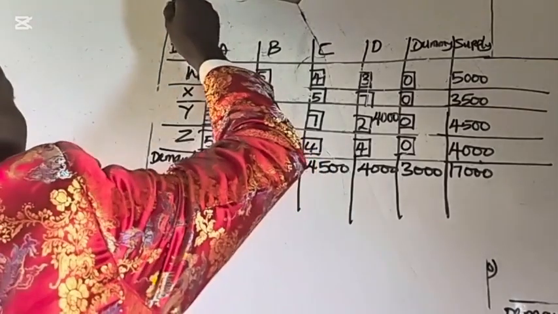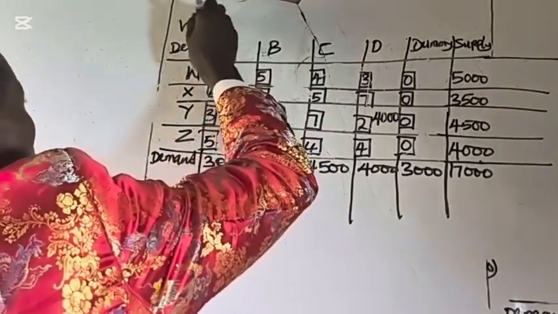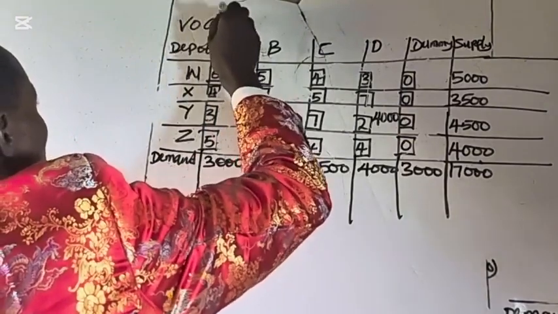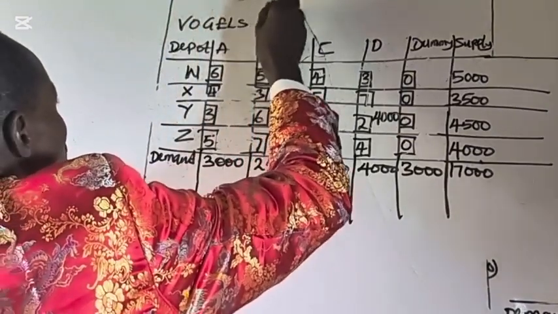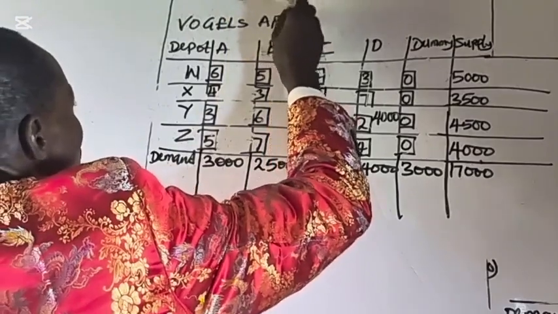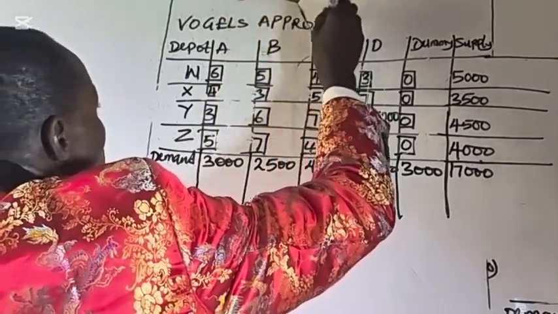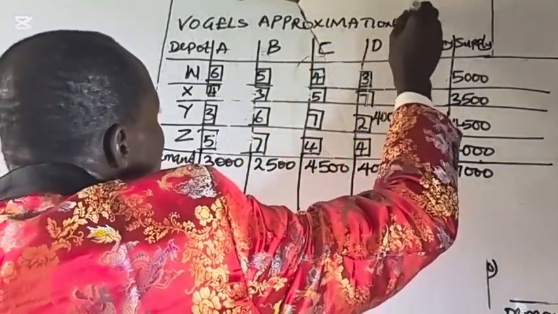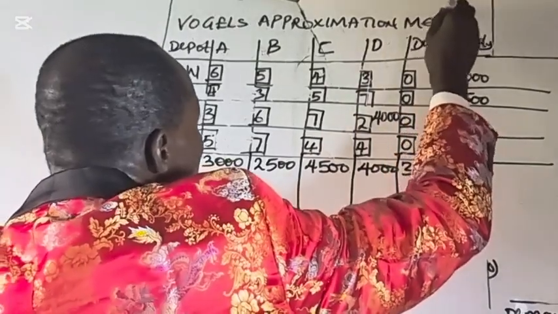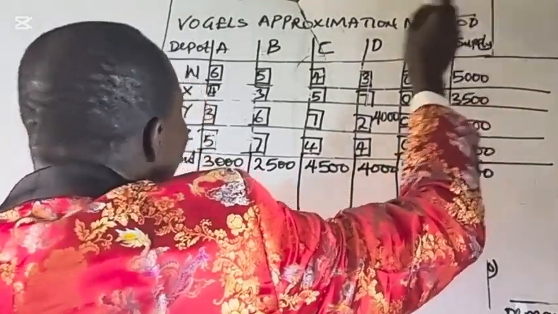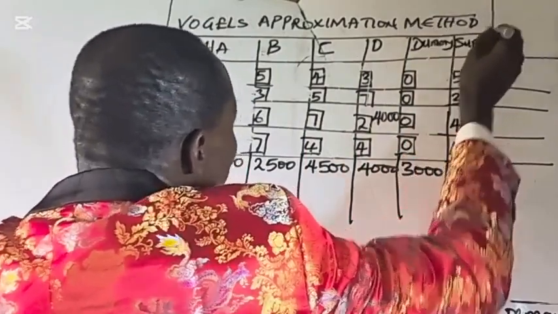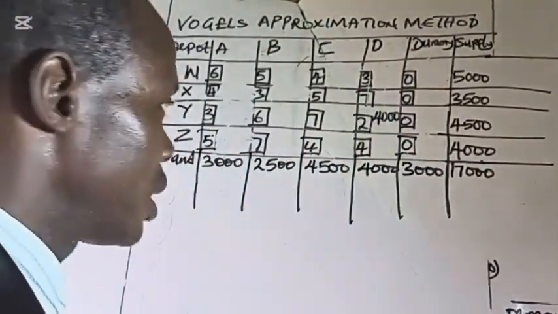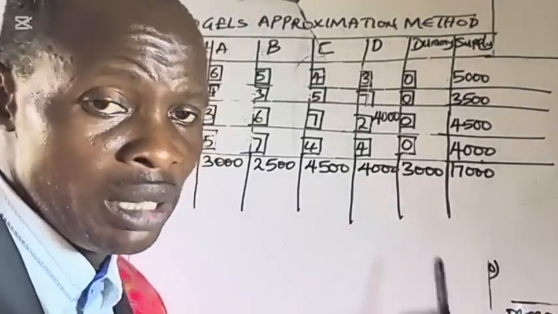Using Vogel's approximation method. I've told you the first step is to make the problem balanced by introducing dummy.